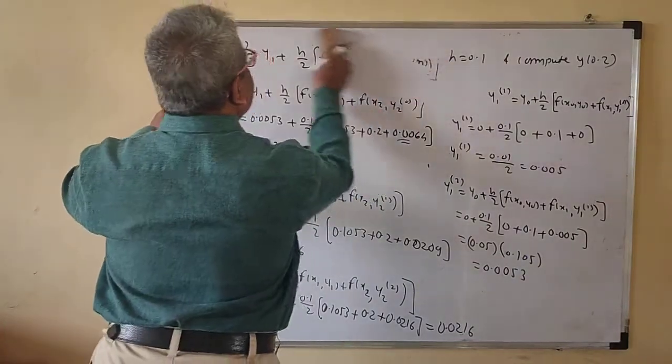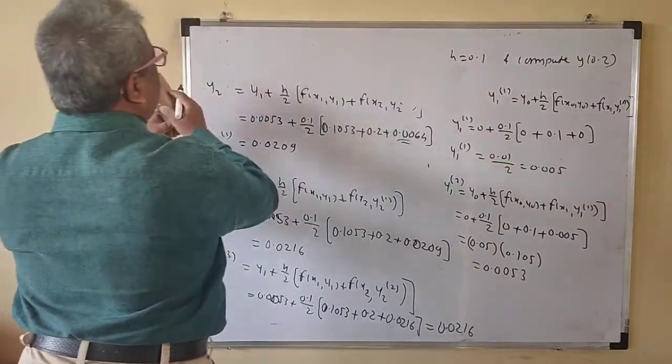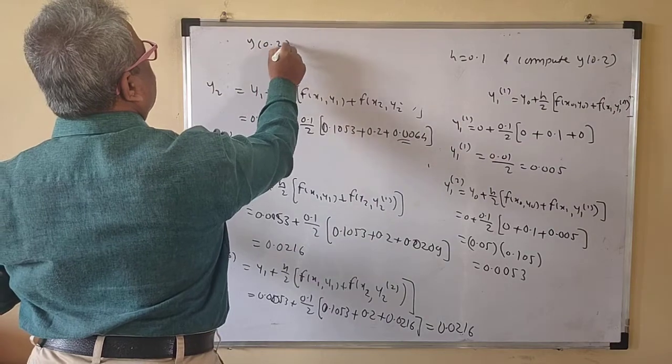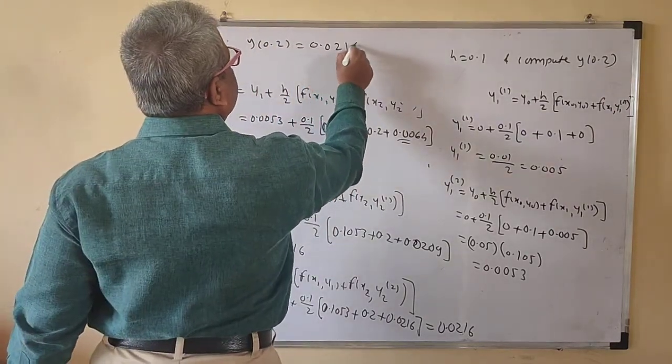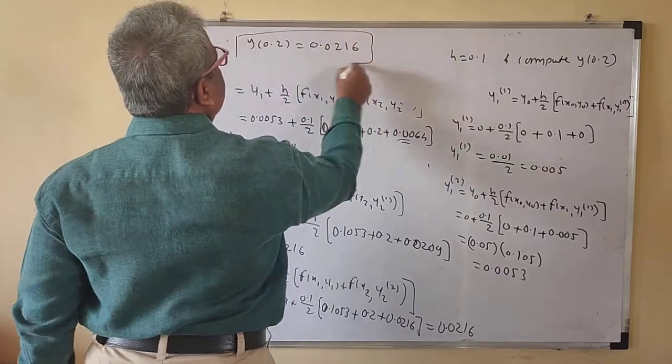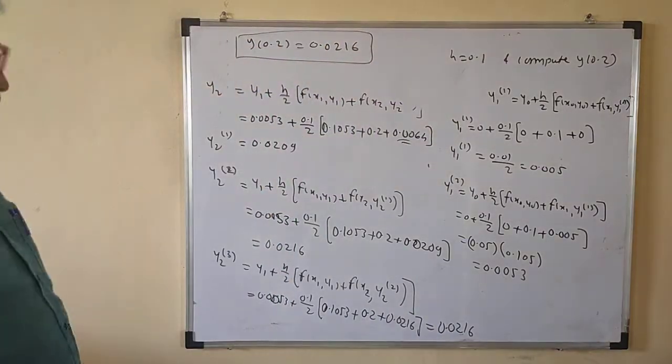Therefore, we directly write the value of this one because we want the value of y of 0.2. This is 0.0216. This is your required solution. Okay, now the problem is over.